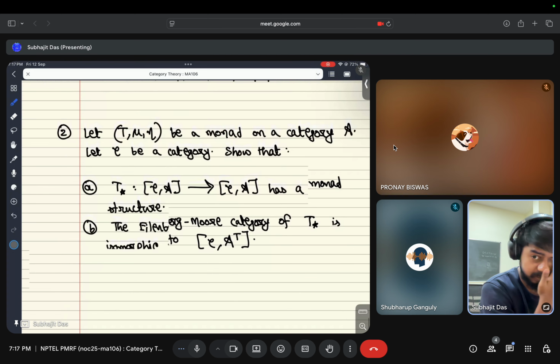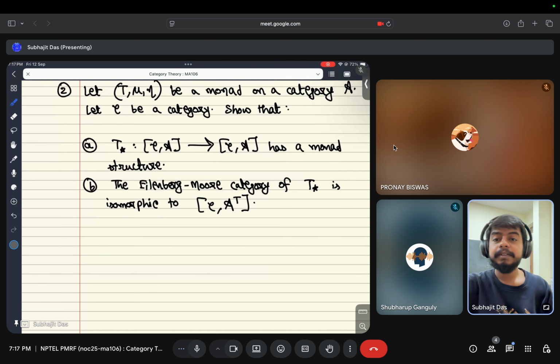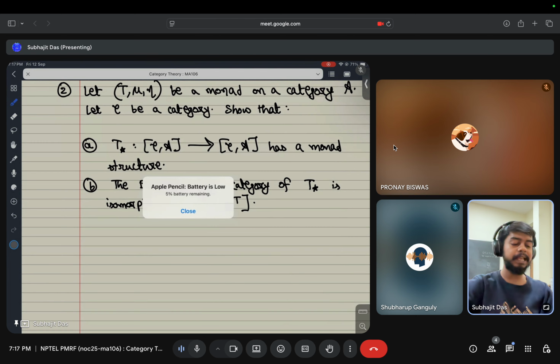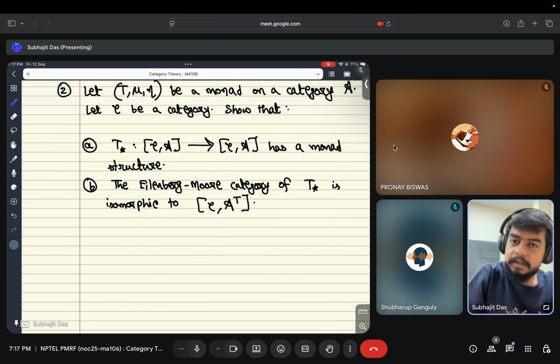So let's keep this notation in mind, and let's start with a monad T on a category A. These are straightforward exercises, only requiring some labor, that's all. So start with a monad T on a category A, and let C be an arbitrary category.